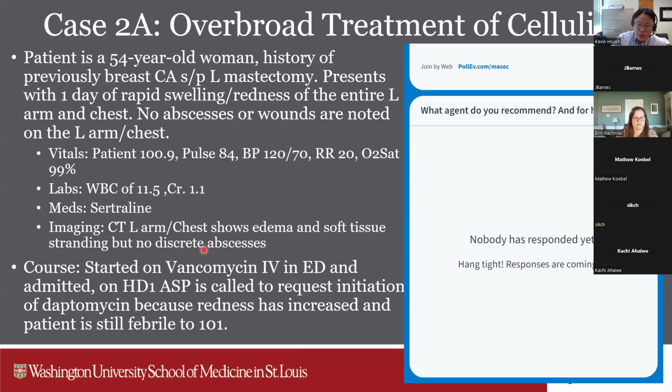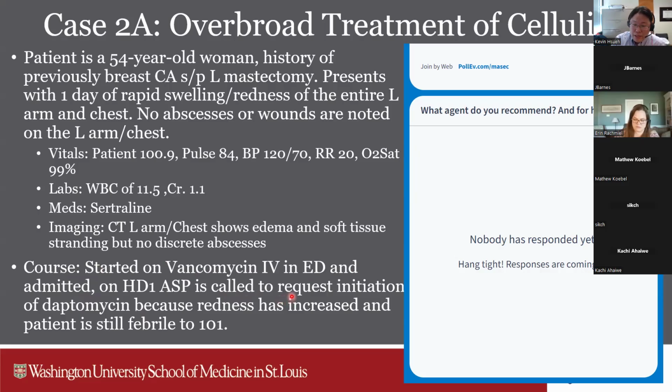At the most, she should have been started on an IV cephalosporin like cefazolin. Maybe if people were feeling defensive, ceftriaxone, but that probably wouldn't be necessary. And so you wouldn't have needed to start vancomycin, and because they would have been pre-warned that the first 24 hours may show an increase in inflammation, they wouldn't have asked for an increase to daptomycin.